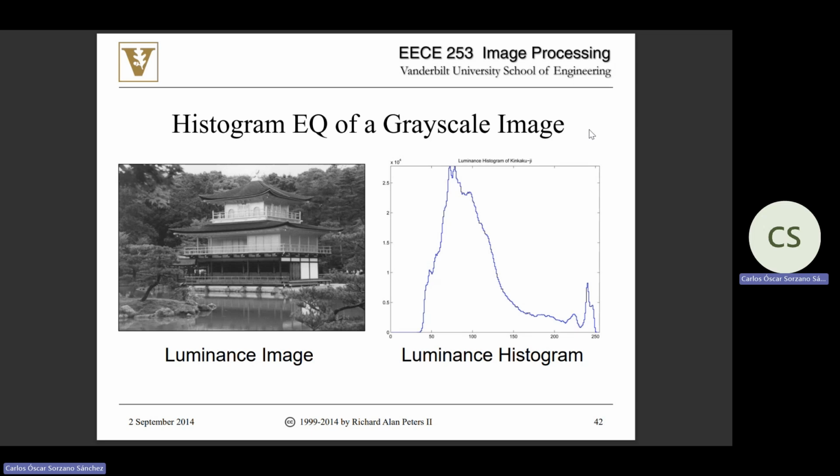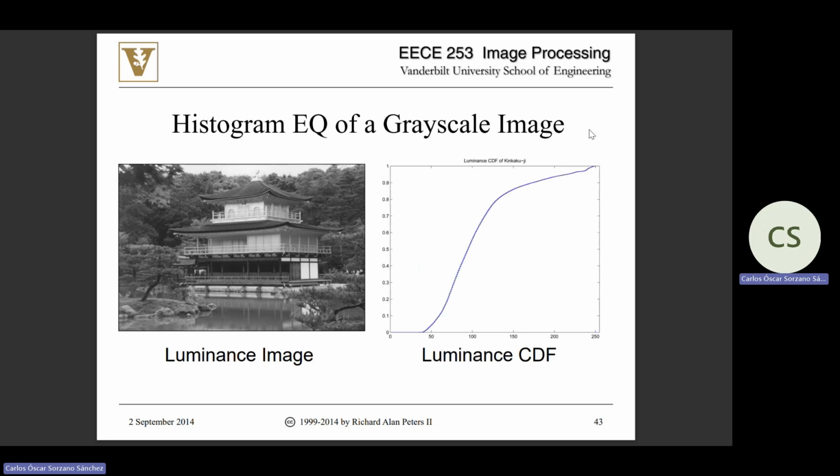So we have an original image, the luminance image, the luminance histogram, the luminance CDF, and the lookup table. The difference between the CDF and the lookup table is simply multiplying by 255.